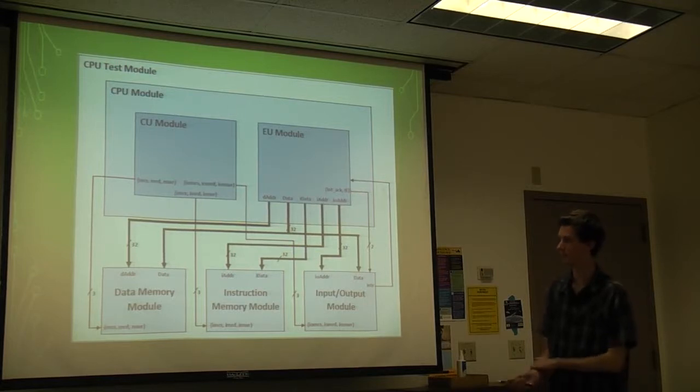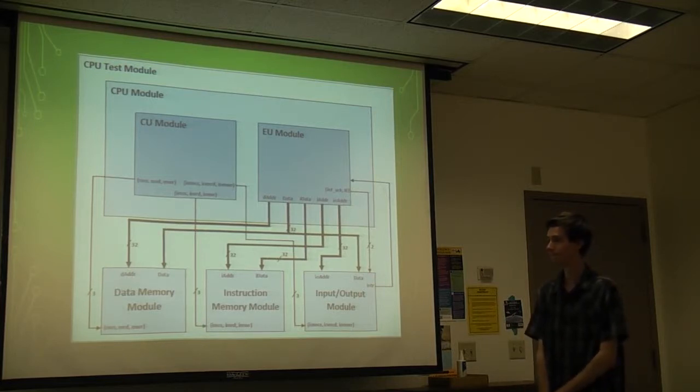It instantiates the memories, all the data comes from the EU module, and all the control signals come from the CU module. Also from the EU module to the I/O module are the interrupt acknowledge and interrupt enable flag. The only outputs from the CPU are the data addresses and the memory control signals.